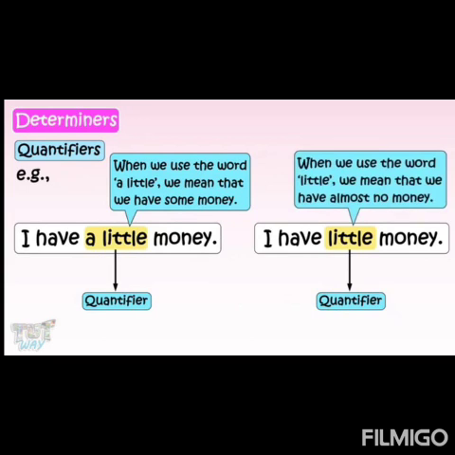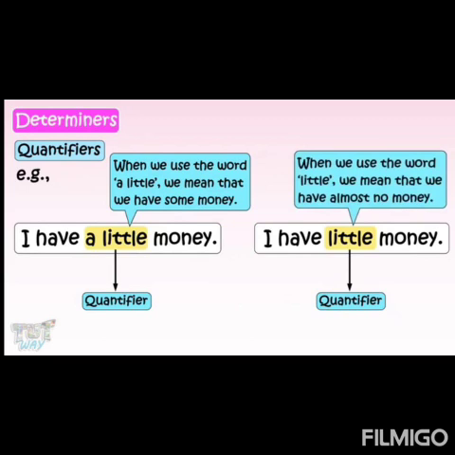Little emphasizes the lack of something, and a little emphasizes that something still remains. Now see the examples here. I have a little money. I have little money. The meaning of these two sentences is different. When we use the words a little, we mean that we have some money.